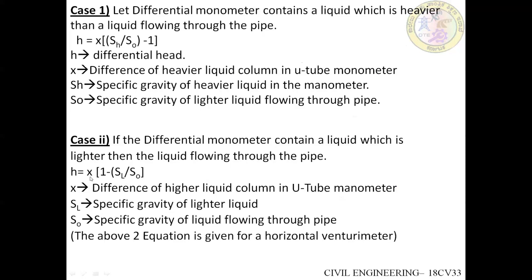Here x is the reading from the U-tube differential manometer, Sl is the specific gravity of the lighter liquid in the U-tube manometer, and So is the specific gravity of the liquid flowing through the pipe.